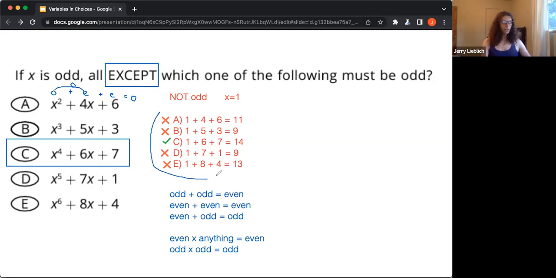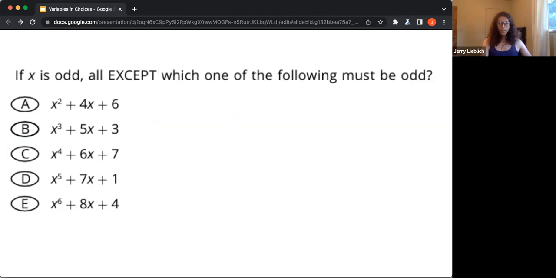I'd much rather think with concrete numbers than think about abstract rules. Again, part of your job when taking this test is to make the test easier for yourself. Whether that's how you think through a problem in a real world scenario, or how you solve a problem like this, it becomes very conceptual if you don't use this method of plug and check.